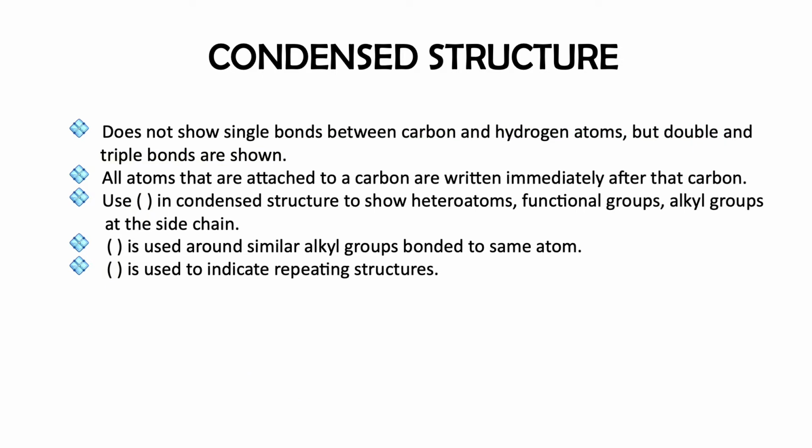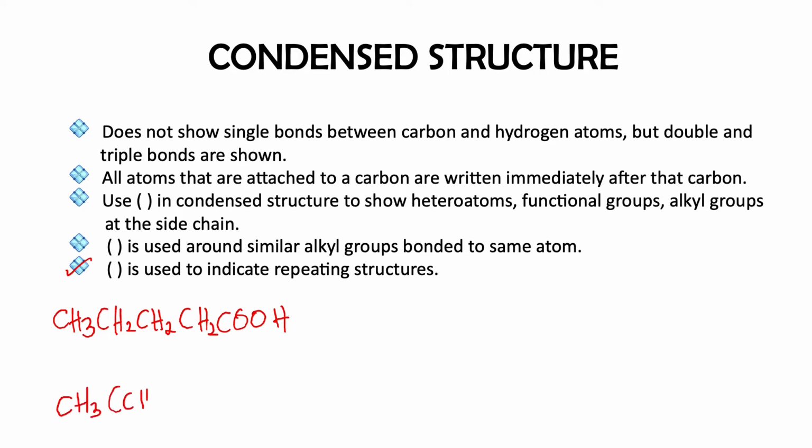Sekarang madam bagi contoh yang lain lagi. CH3, CH2, CH2, CH2, COOH. Ini memang madam tulis dalam keadaan condensed. Tapi apa yang madam nak emphasize adalah penggunaan bracket itu. So, awak boleh guna CH3, kemudian buat kurungan CH2.